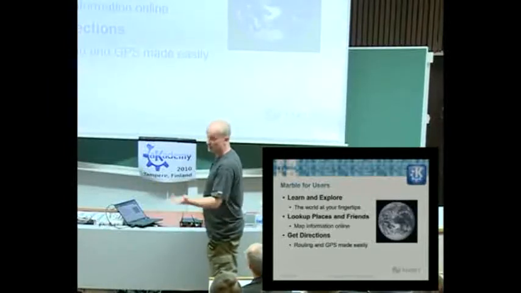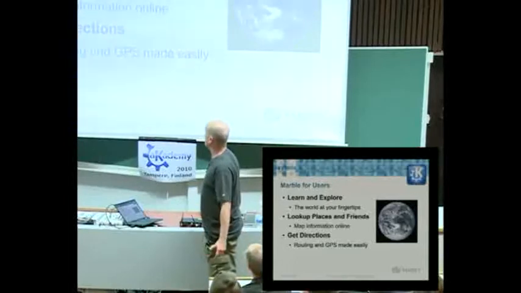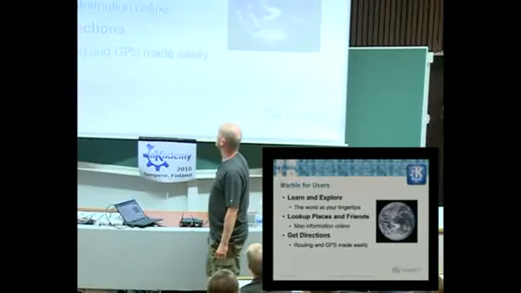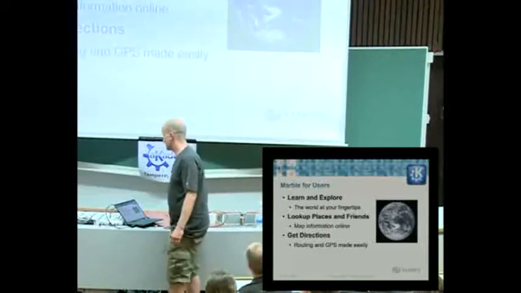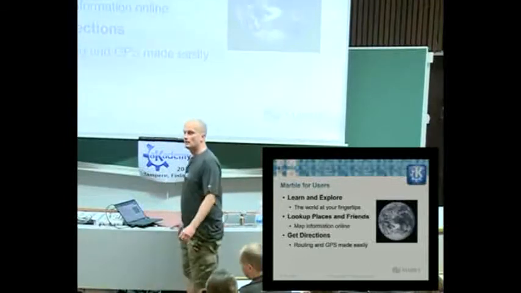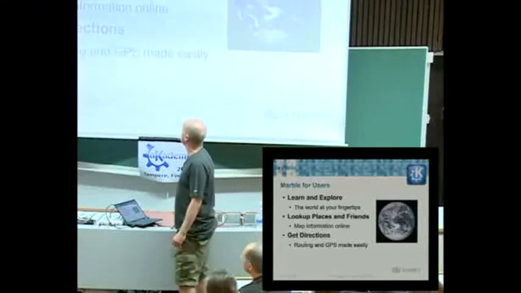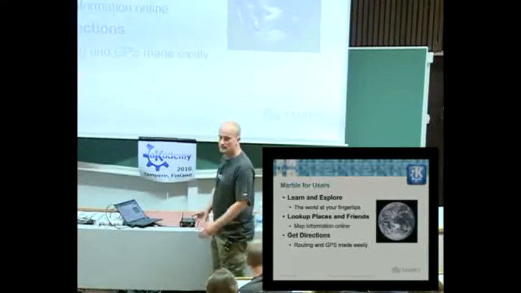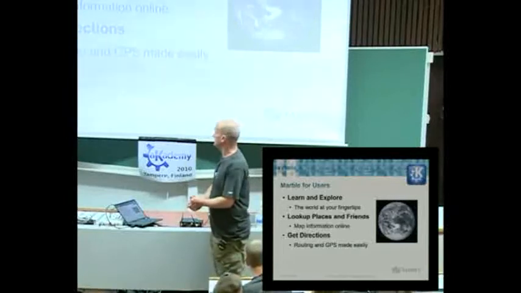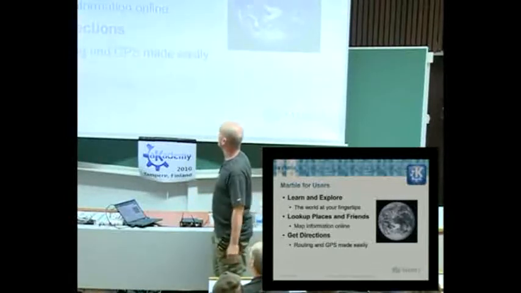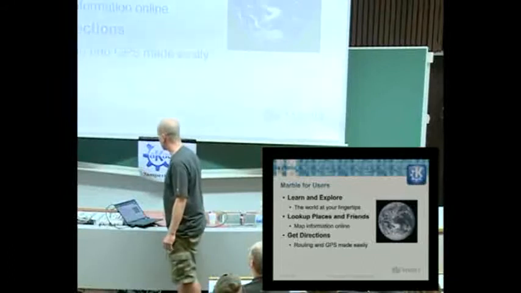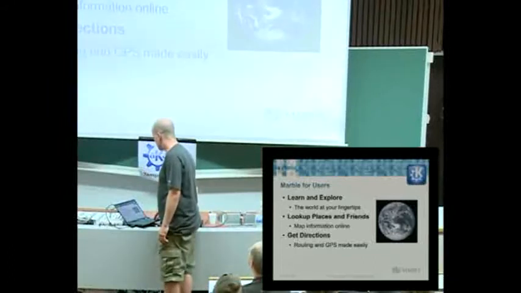Or I can look up places or friends and get map information, partially from the internet. It also has some support for Wikipedia lookup. And newly added was getting directions, so integration with routing and GPS. There's also GPS support integrated with Marble.